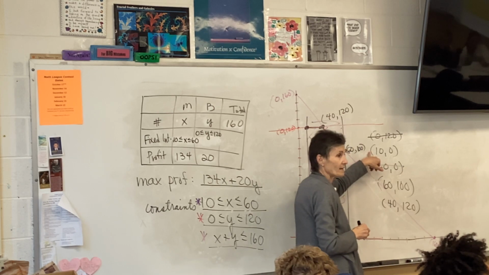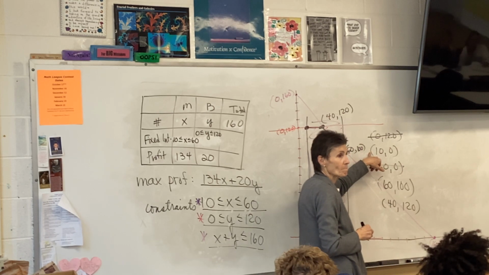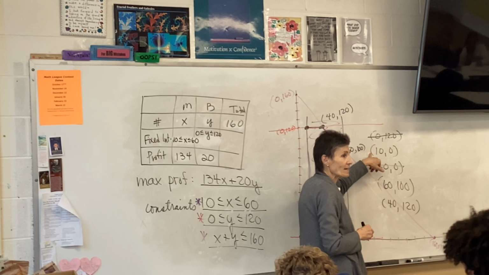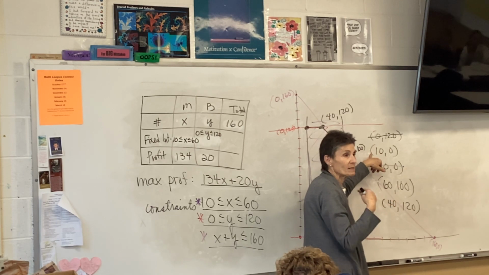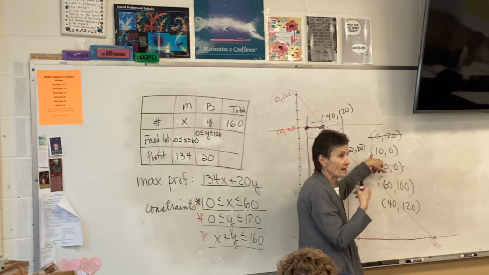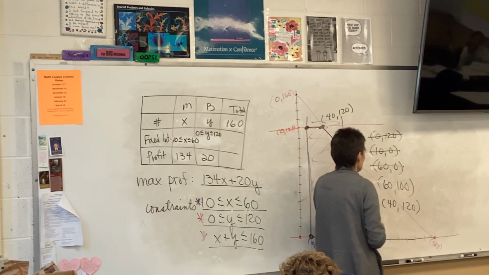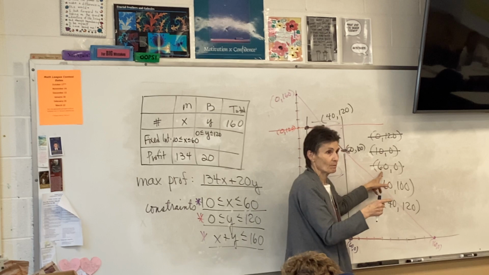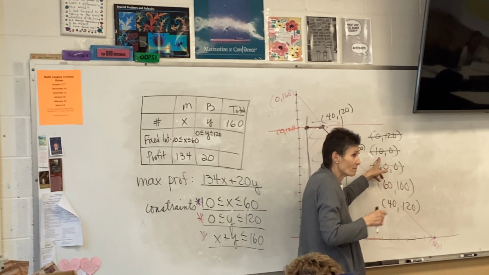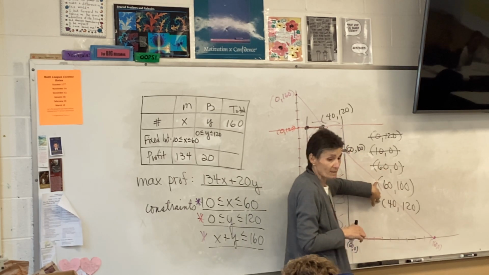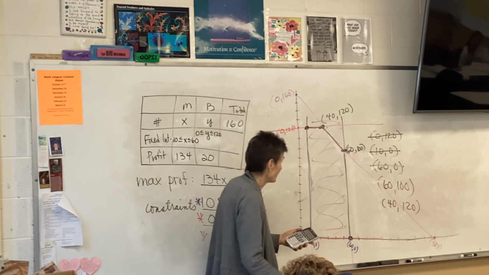What about that guy right there? No, that is not gonna be the biggest. Would you agree with me? That's gonna be your minimum. That's gonna be your smallest. Because we already crossed out 60, 0. No way is 10, 0 gonna be bigger than that. So the answer is one of these. One of those right there.